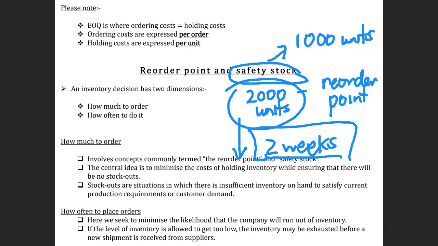We ensure that we have additional inventory on hand should there be some sort of issue, like for instance, COVID-19, where we had so many deliveries not being able to be made from overseas, exports and imports were affected, that type of thing. This is the reason that businesses hold safety stock because you can never guarantee that everything will continue to operate as normal and that you will receive your inventory as initially stated.